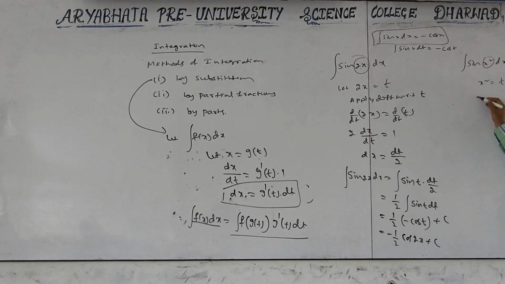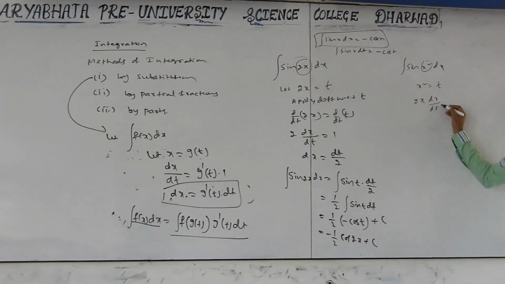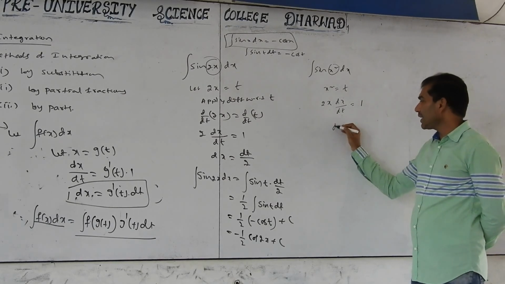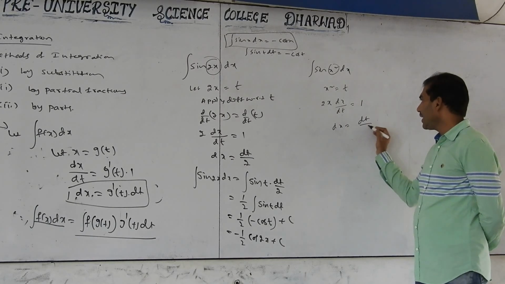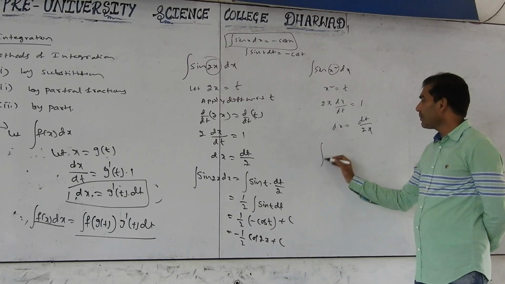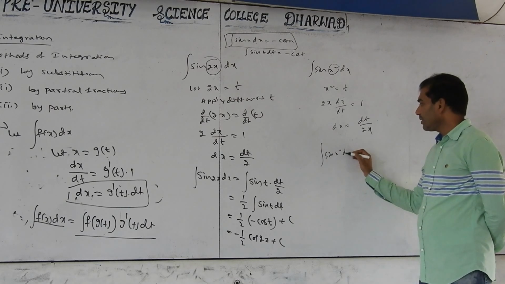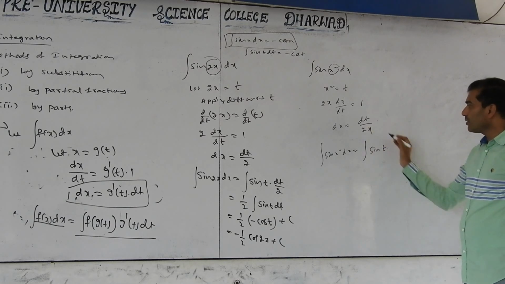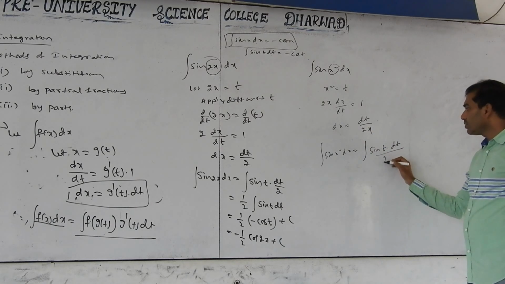X squared differentiation with respect of t is 2x into dx by dt, and t derivative with respect of t is 1. So dx is equal to dt by 2x.